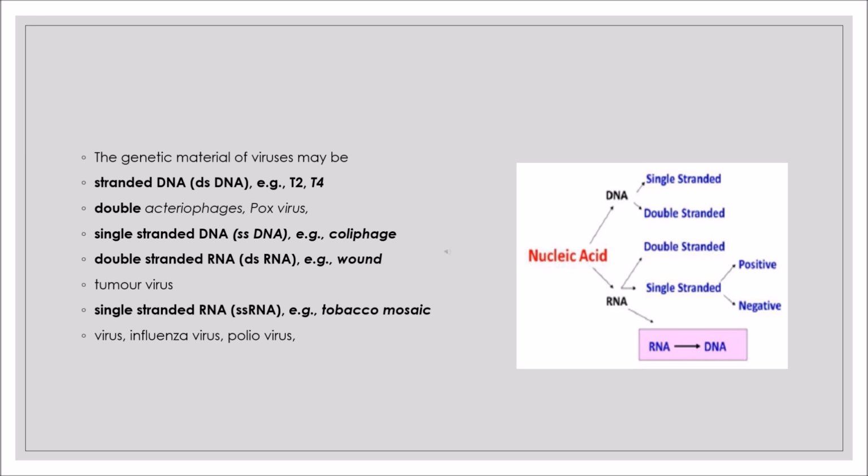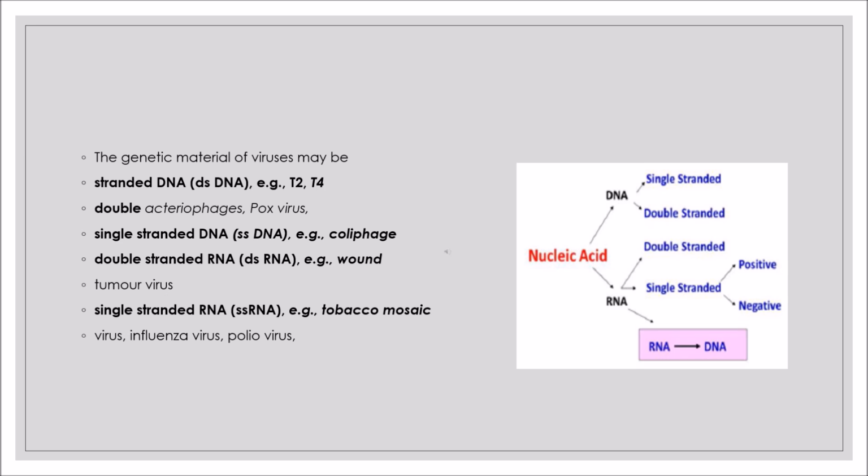In DNA, single-stranded and double-stranded forms are there. In RNA also, double-stranded and single-stranded forms are there. In single-stranded RNA, there are positive and negative strand viruses. This is a flow chart of how the genetic material is present in different viruses.